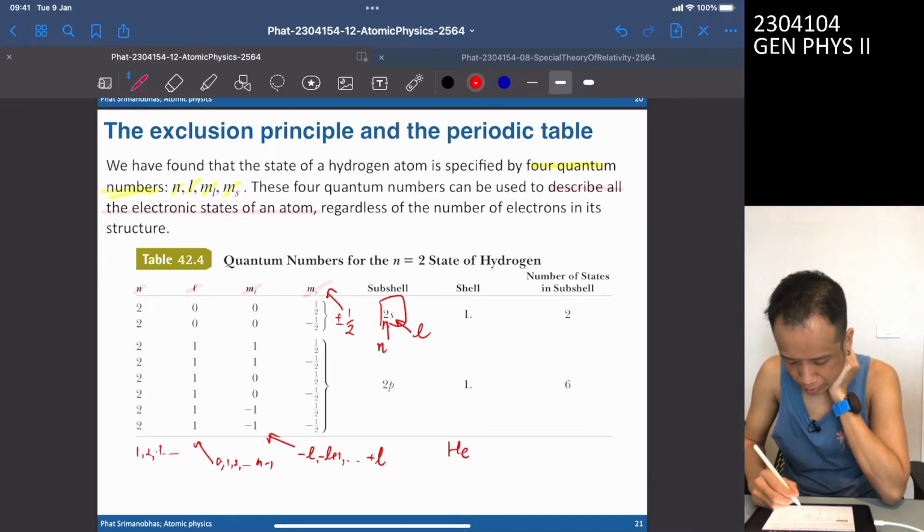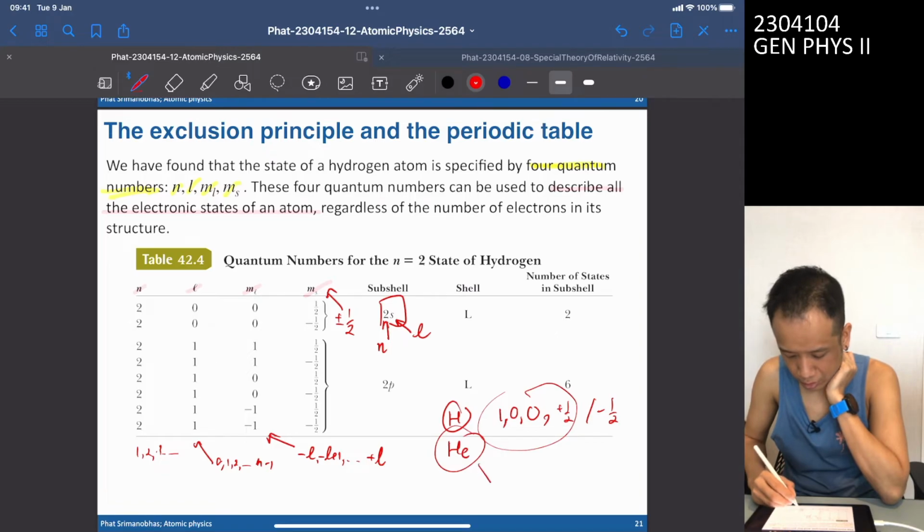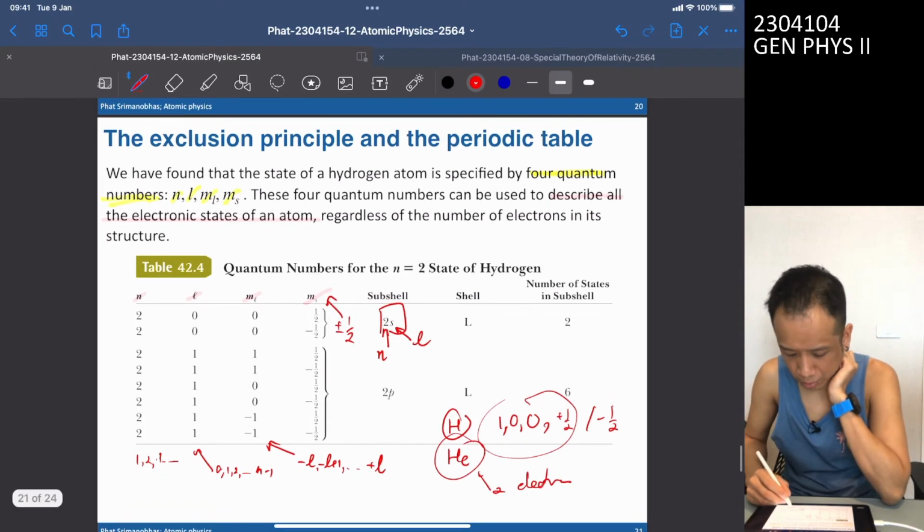So for hydrogen, you have 1, 0, 0, and plus half or minus half for m_s, for example. The question is, for helium, if you have 1, 0, 0, plus half, what is the wave function of the other electron? This atom has 2 electrons, right? It's going to be 1, 0, 0 and some number.